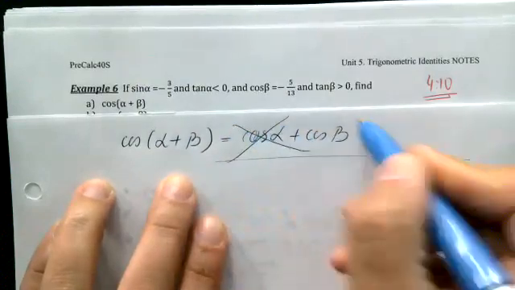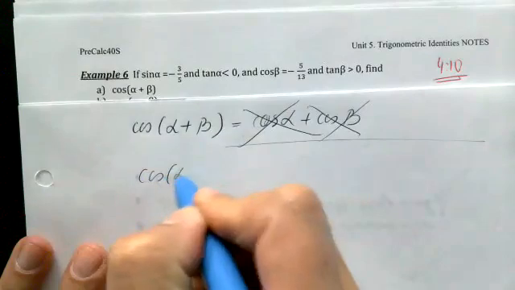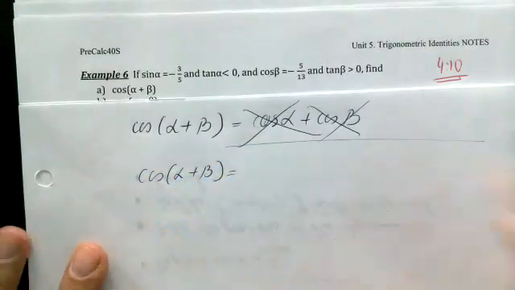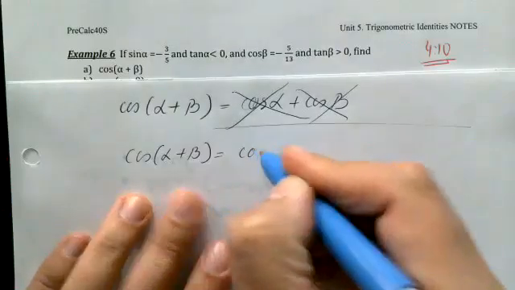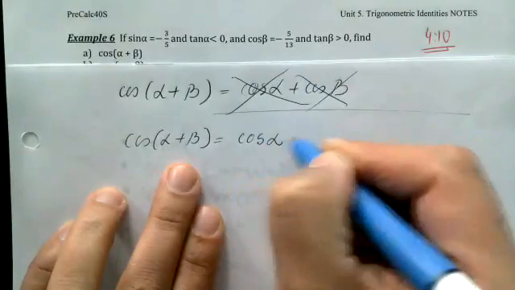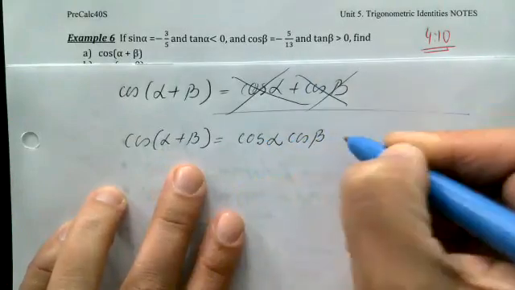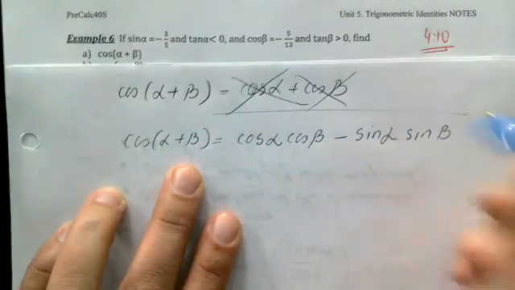That's not a true equality, right? So the only thing I can expand to something that maybe is going to allow me to do something with this expression is by applying the cosine of the sum. So that's going to be cos of alpha, cos of beta, minus sine of alpha, sine of beta.